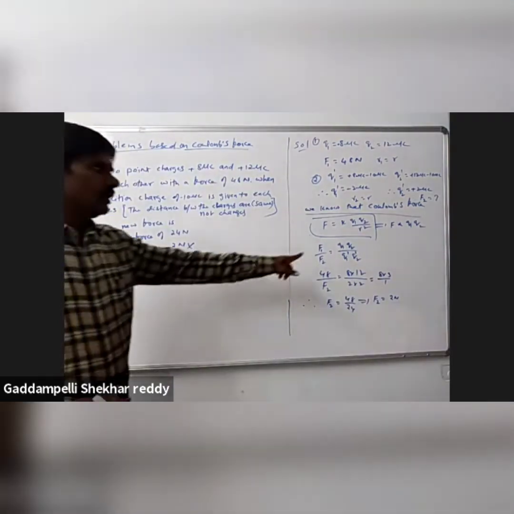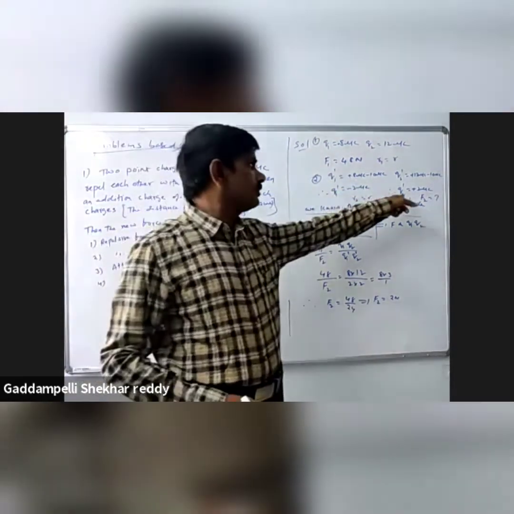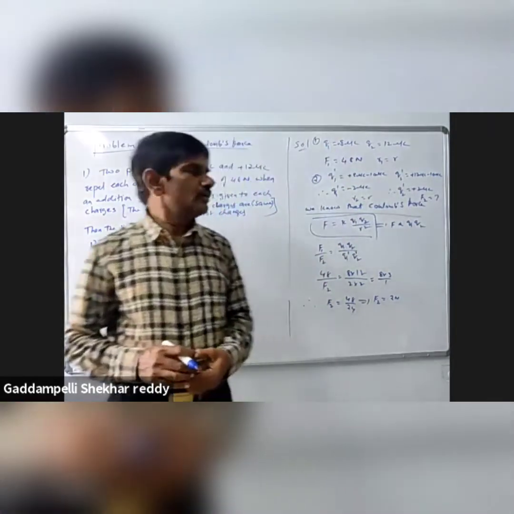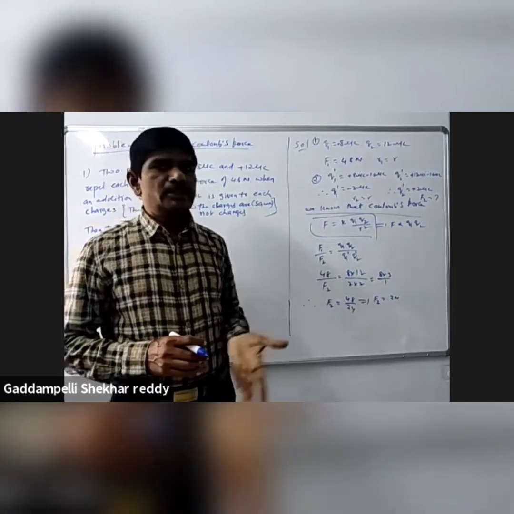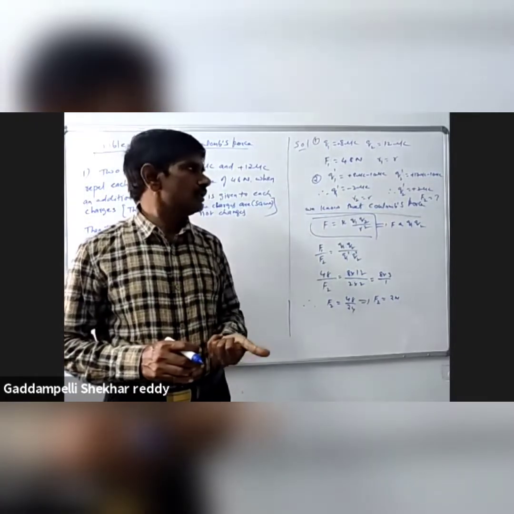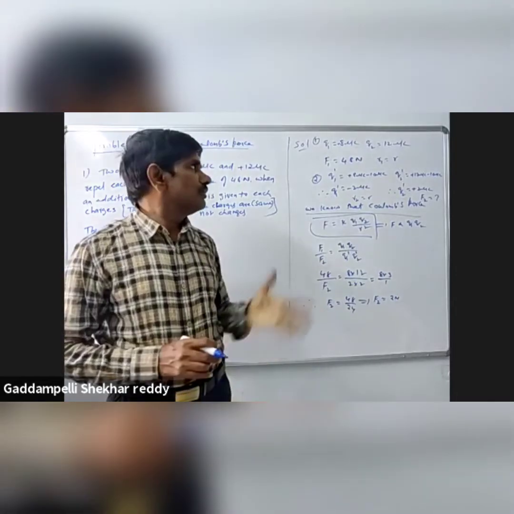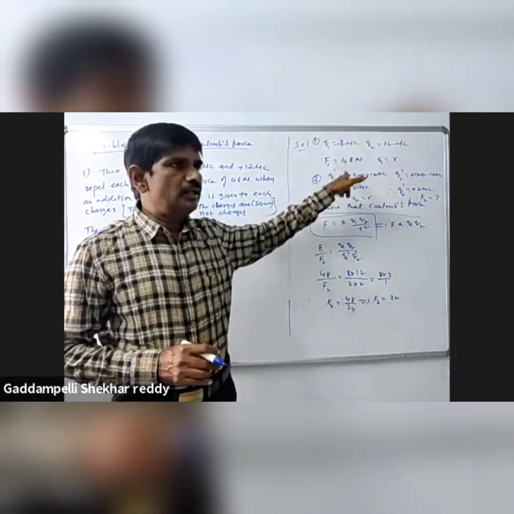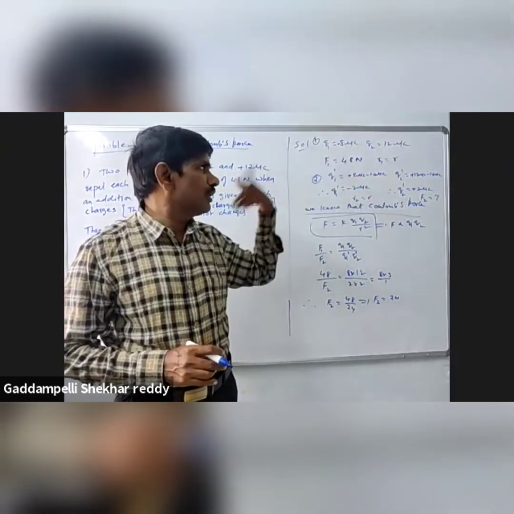Here the question is only about force and charges. In the first case, the force is given as 48 Newton. Next, at the same distance, additional charge is given to the first charge and the second charge. Additional charge means negative nature. So Q1, plus 8 minus 10 added, net charge minus 2 microcoulomb, Q1 dash.